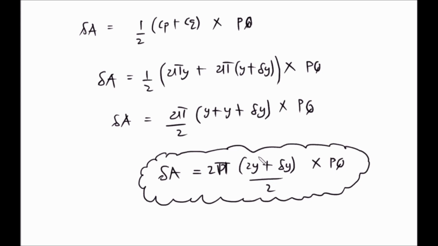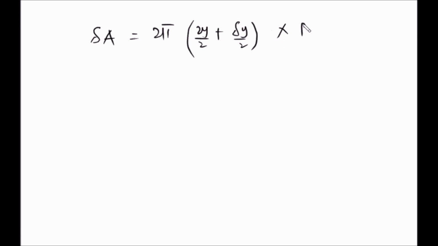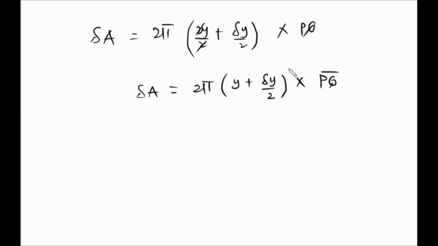Kwa hiyo delta A itakuwa sasa na 2 pi, hapa tutakuwa tuna 2y over 2 plus delta y over 2 times PQ. So hapa 2 na 2 zinakwenda, so you have y plus delta y over 2 times PQ. Sasa ni kutafuta urefu wa PQ.